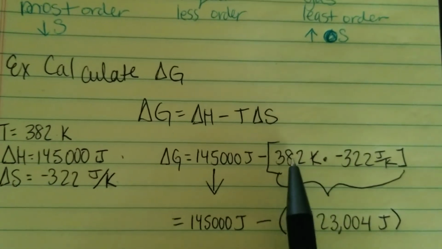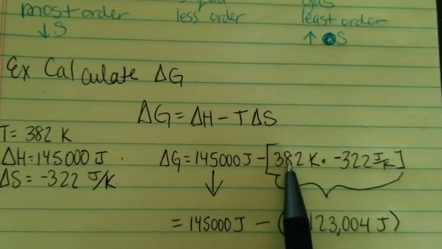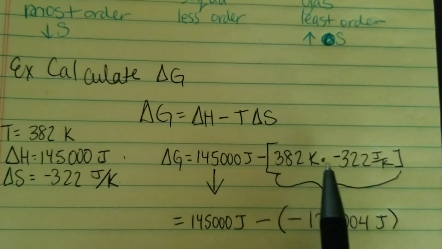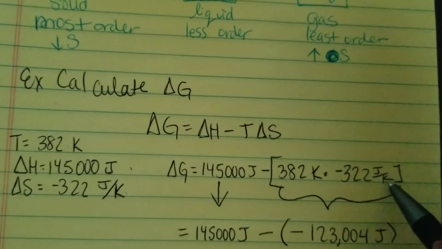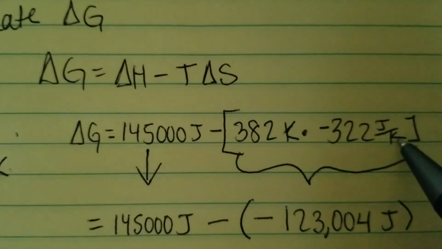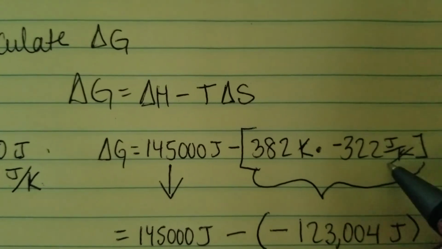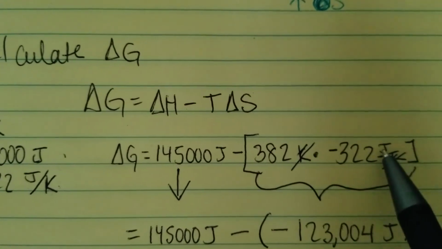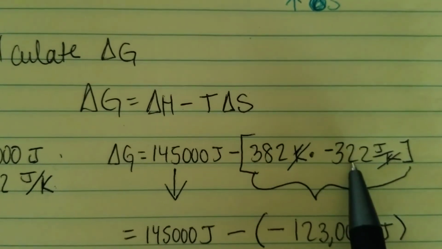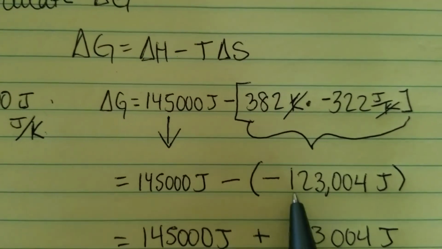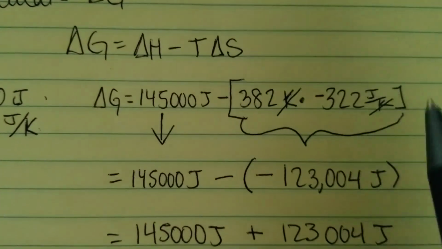So I'm going to do this part first. Also notice that the Kelvins are going to cancel. This Kelvin is in the denominator, so this Kelvin and this Kelvin cancel, and now all we have left is joules. So we multiply these two numbers and we get negative 123,004 joules.